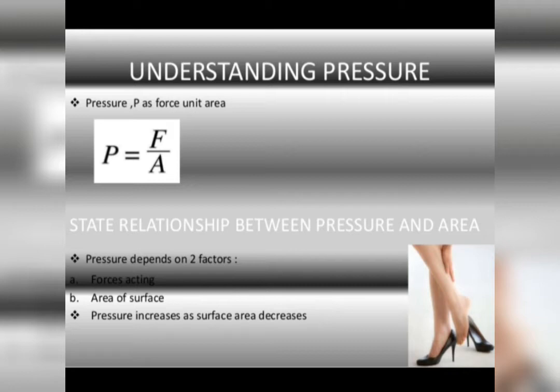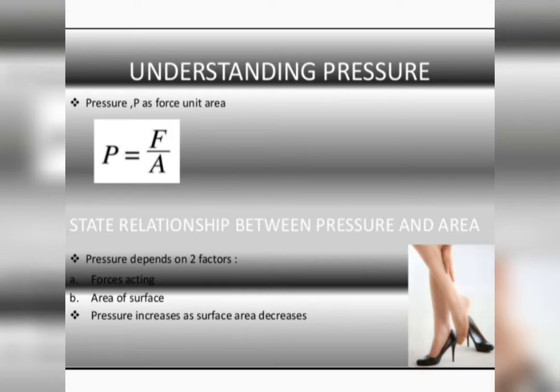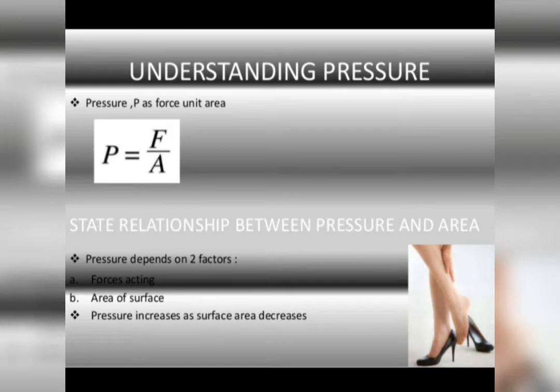And the smaller the area of the surface, the larger will be the pressure produced by the same force. So that is why the area of the pointed end of the drawing pin was small, due to which the force produces large pressure, and that large pressure pushes the drawing pin into the piece of wood.